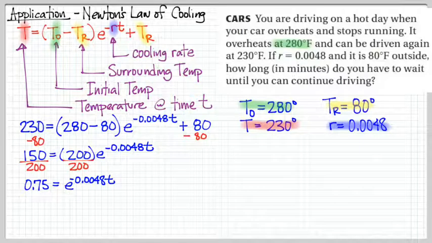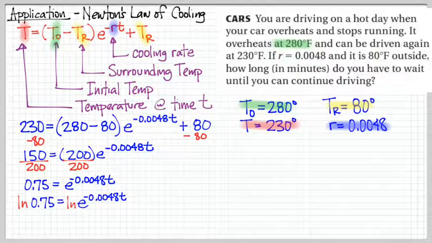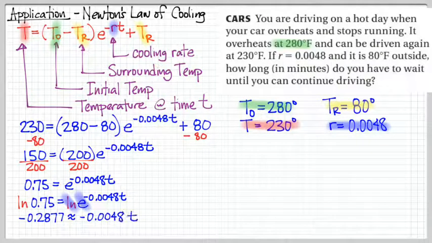Natural log is with the base e. And we have these inverse functions here, the natural log and the e to the power of. Those are inverse functions, and so the right-hand side simply becomes negative 0.0048t. And now we have a simple equation right here to solve.